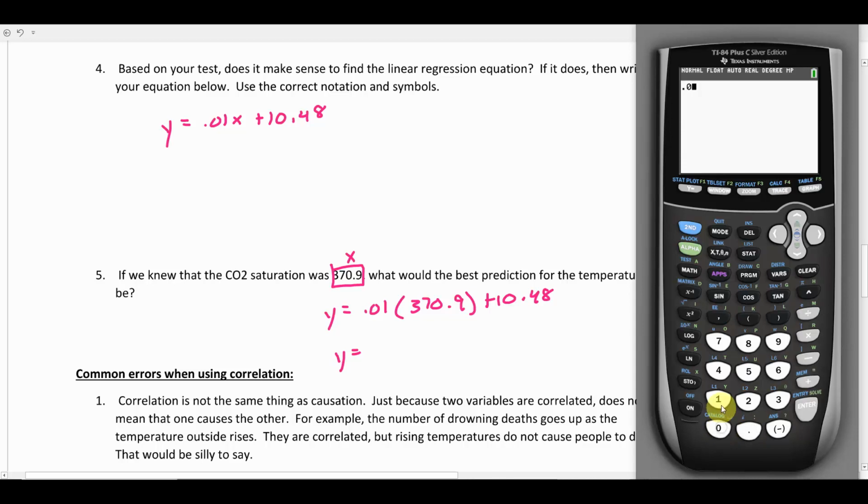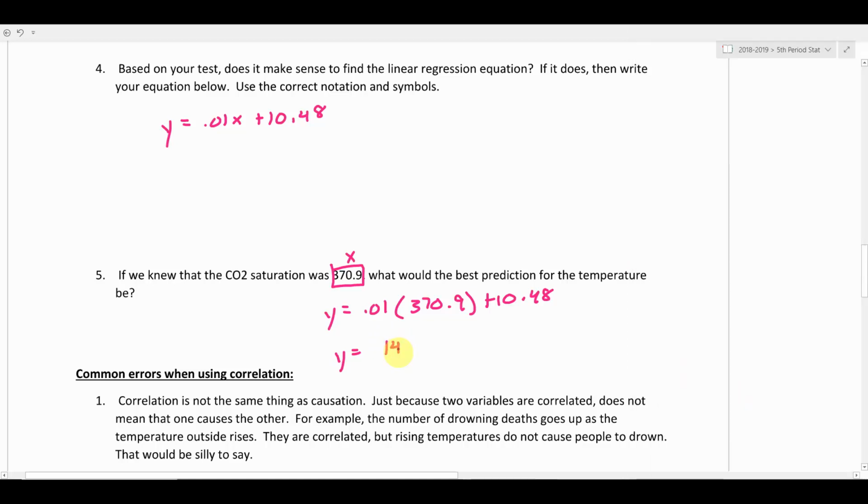I got 0.01 times 370.9 plus 10.48. And we get a temperature reading of 14.189 degrees Celsius. Right?